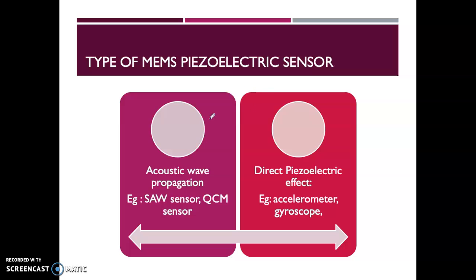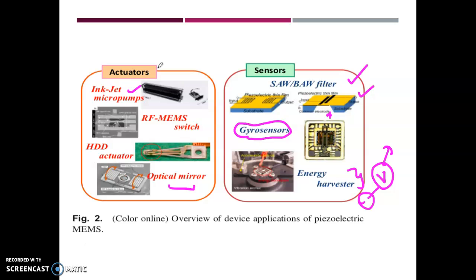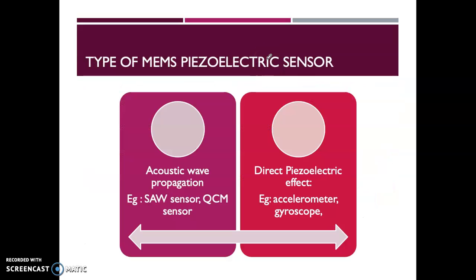Okay, so let's move back here. If we're talking about SAW or QCM, there are two types of conversion. So this is the figure of the acoustic wave, right? On top of here you have electrode. The substrate is your piezoelectric.